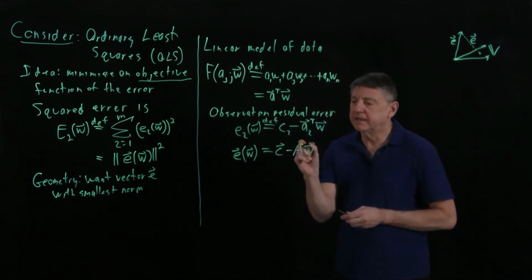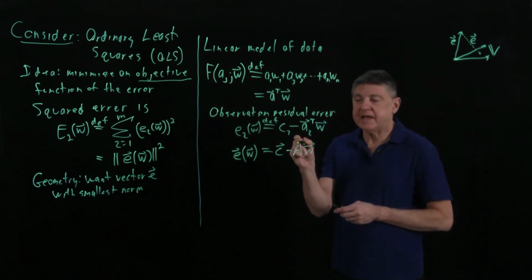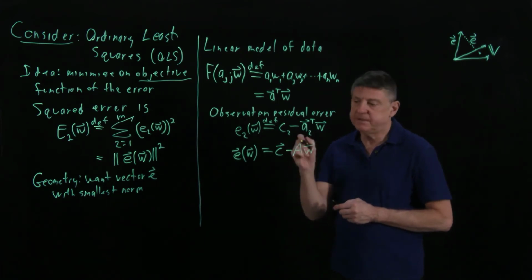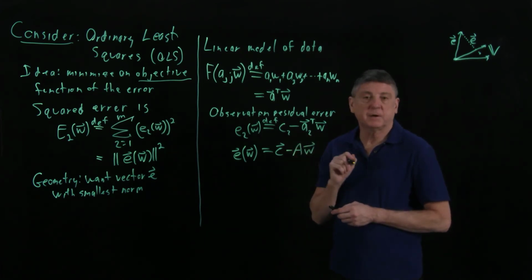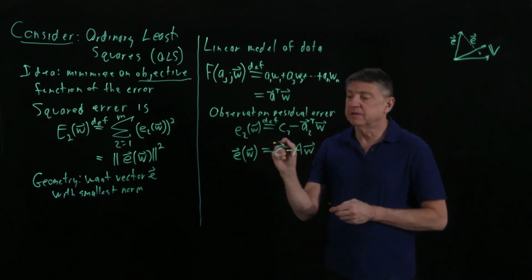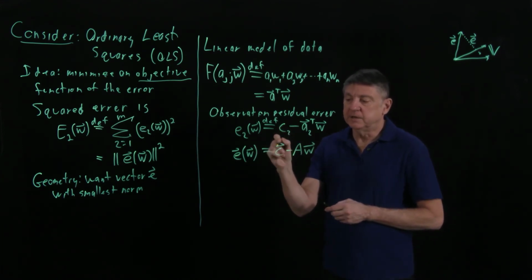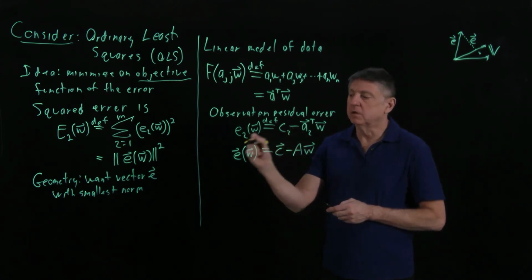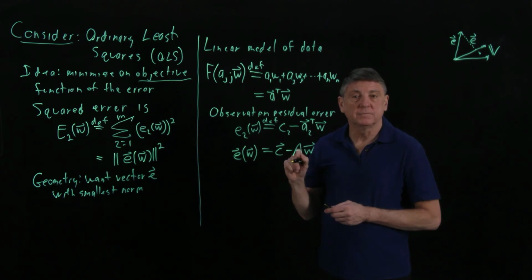Our model is the data, usually a tall thin matrix, multiplied by our weight vector. Then we take the difference between the observed dependent values and our model, and that is our error.